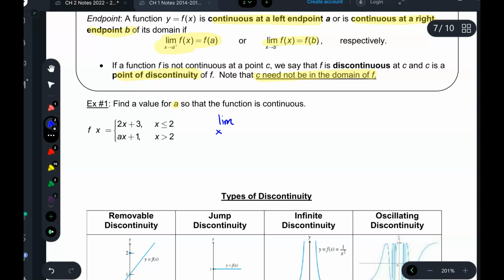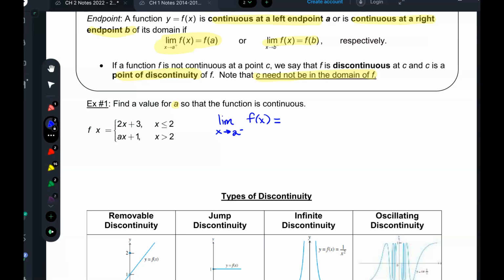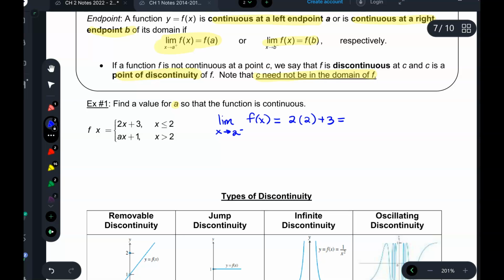We're going to show the limit as x approaches 2 from the left of f of x. Okay, so we're using that formal definition. What are we going to get? Okay. I'm not trying to trick you. It's just, okay.